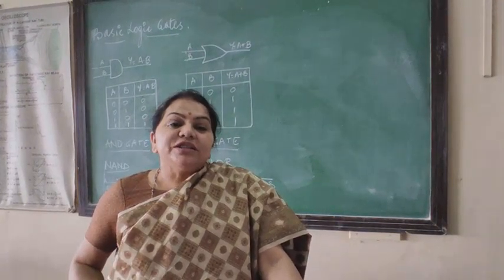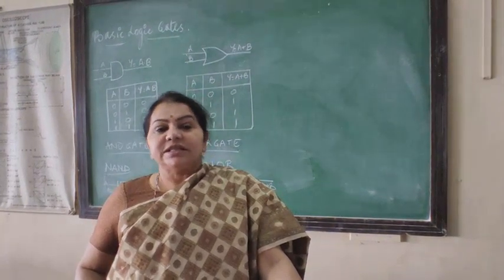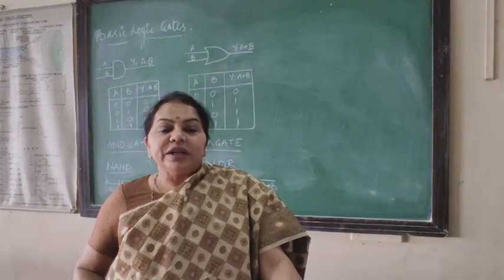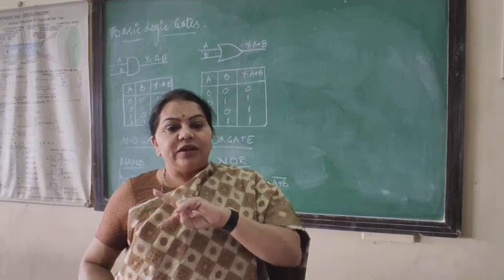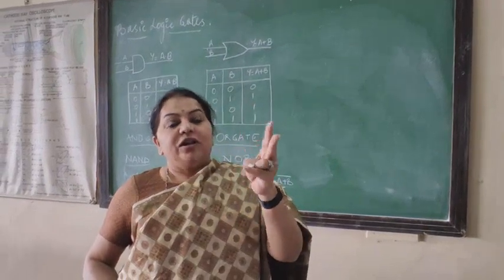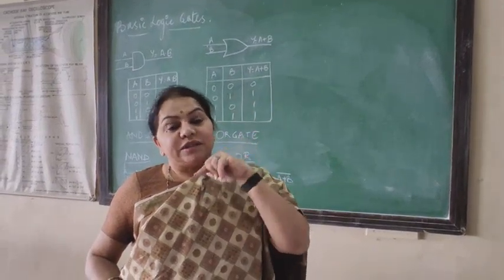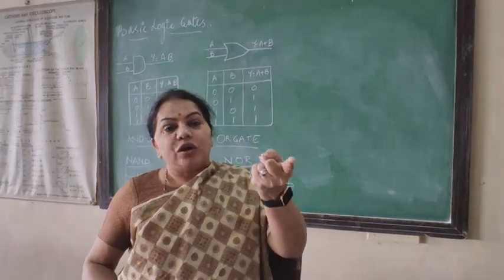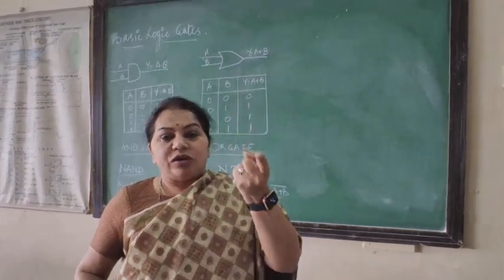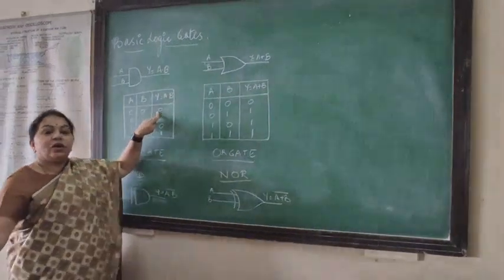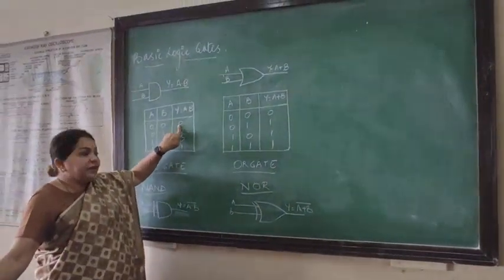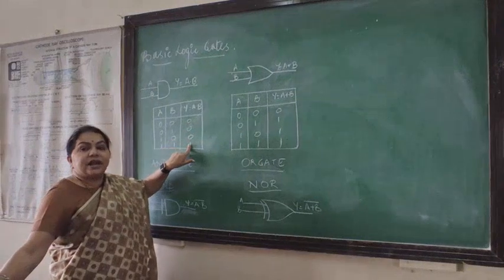So what is digital electronics? Digital electronics is that field of electronics which only deals with two levels, either the low level or the high level, or you can call them the zero state and the one state, or the off state and the on state. So zero represents the off state or the low level, and one represents the high level.